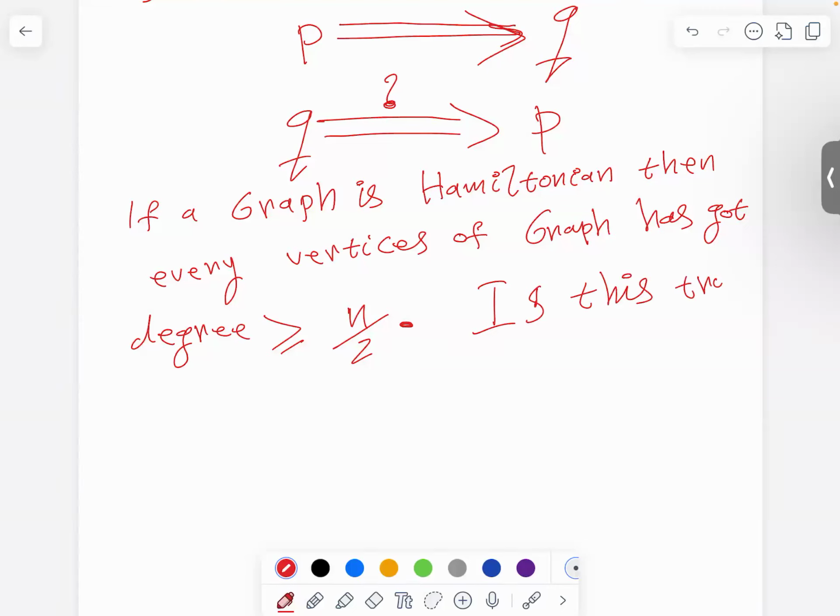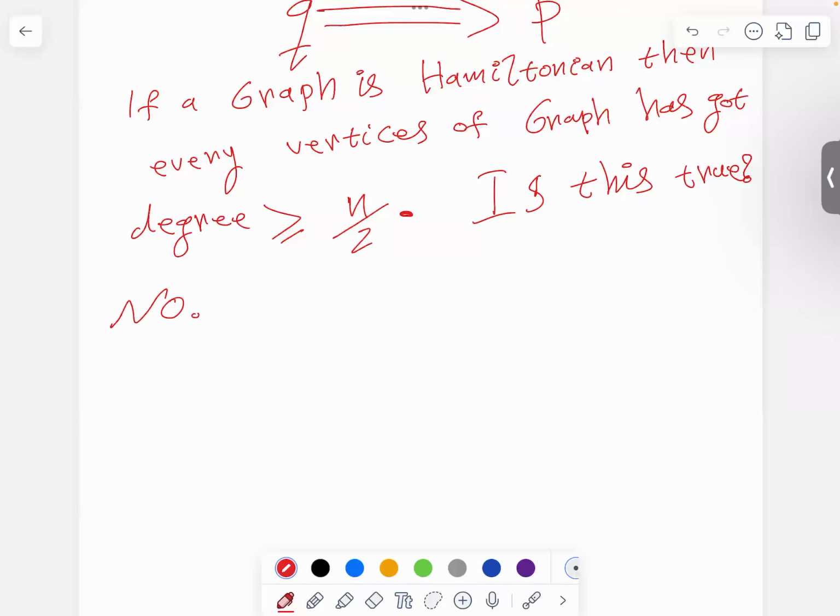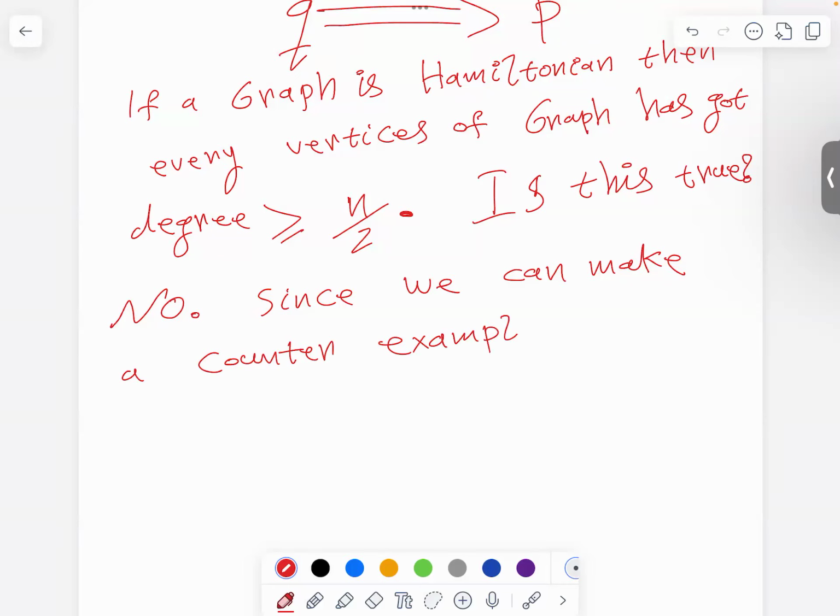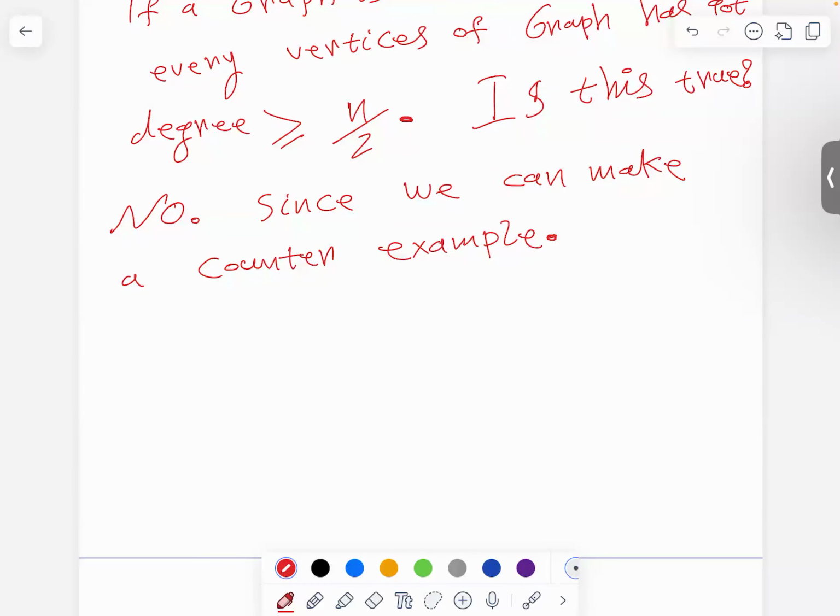No, since we can make a counterexample. What is the example? Let's go back. 5 vertices. G is a graph with V and E, like this one.